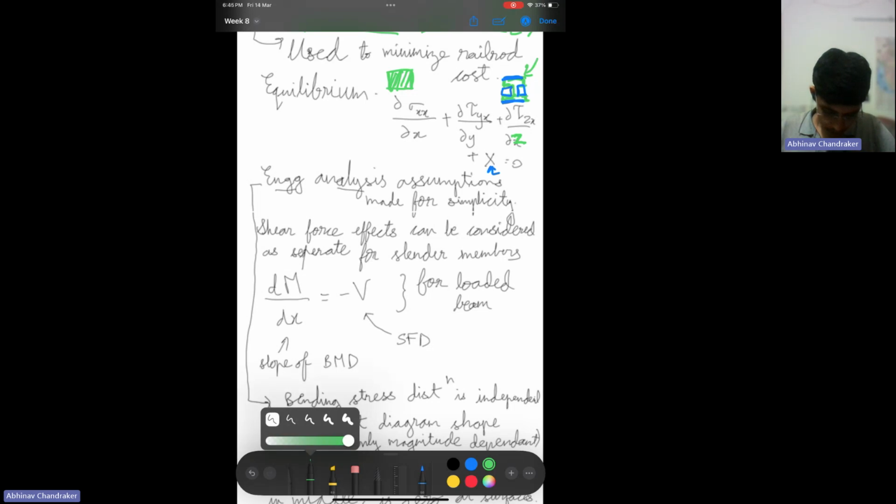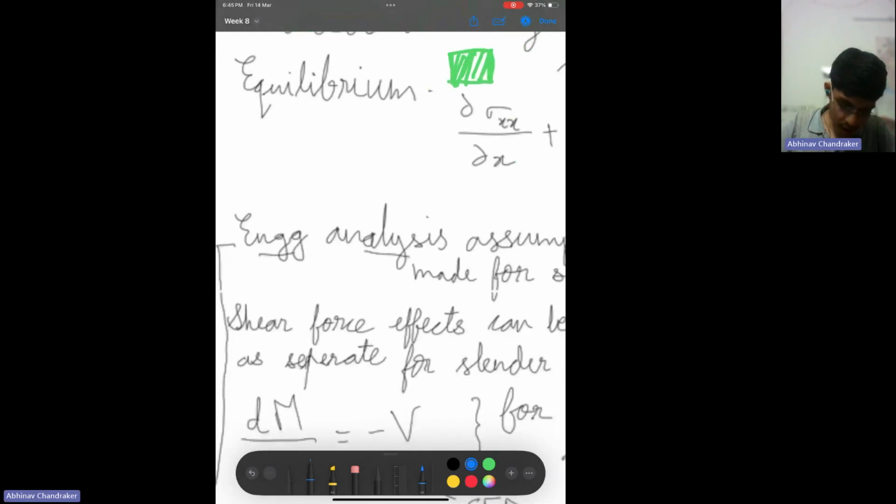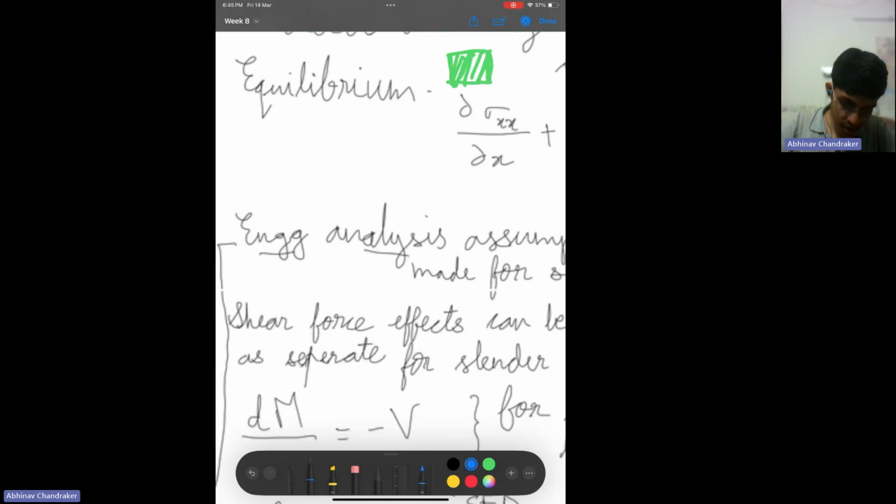Also, for those who might be having some doubt, here I'll explain the railroad situation. So, if this is the member being loaded, this might be the railroad, and this is the cross section plane on which loading is occurring, right?